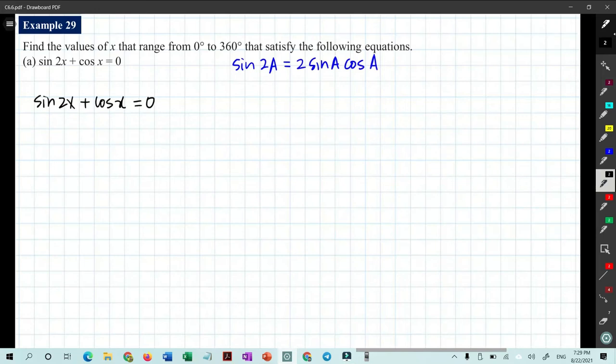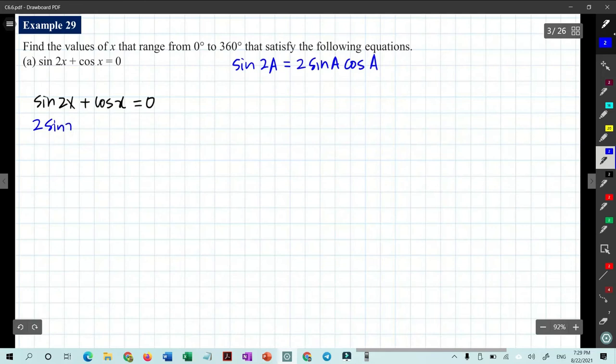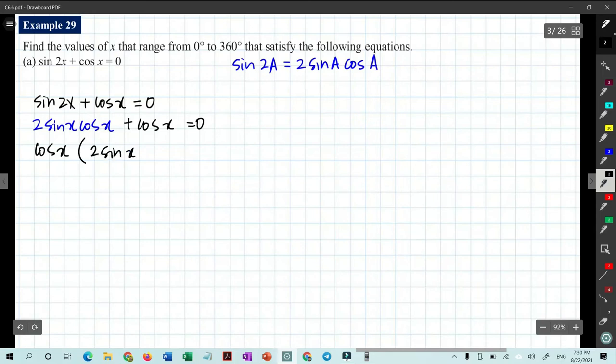So I'm going to substitute sine 2x with 2 sine x cos x, and then plus cos x equals to 0. And in this case we can factorize the cos x. So cos x bracket multiply with 2 sine x plus 1 equals to 0.